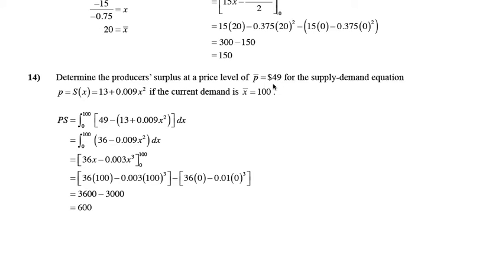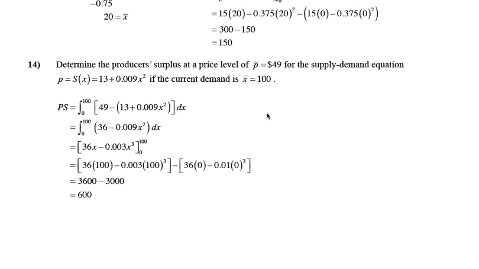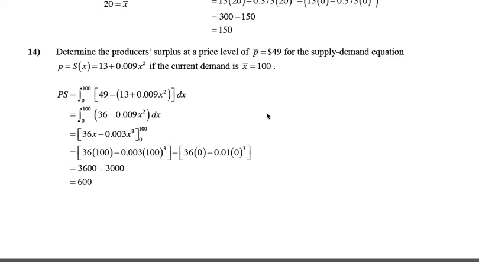In this case, we are given both the equilibrium price, the market price, and the equilibrium demand quantity. So you don't have to make this calculation for question 14. Those values are both already given to you.